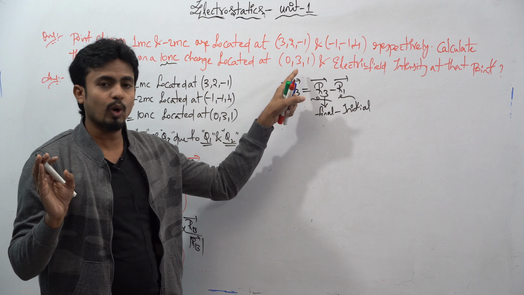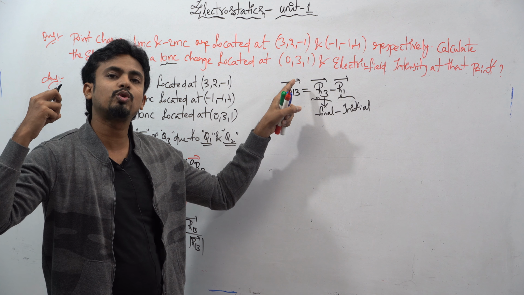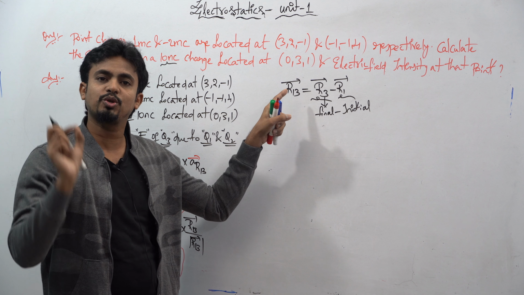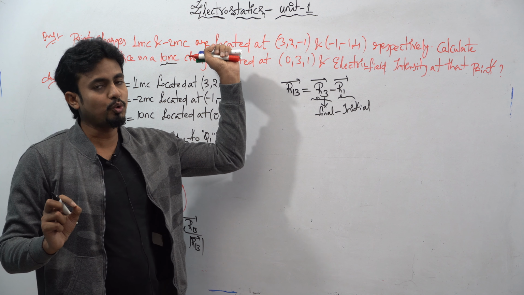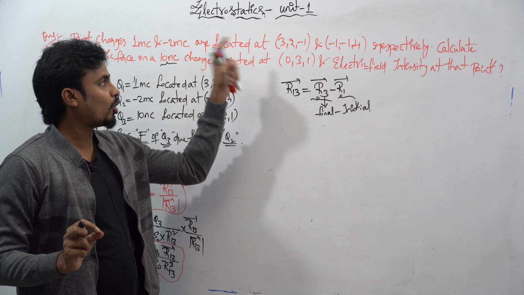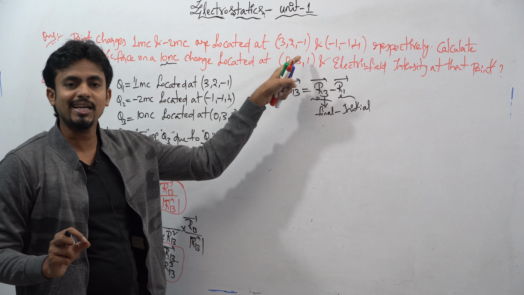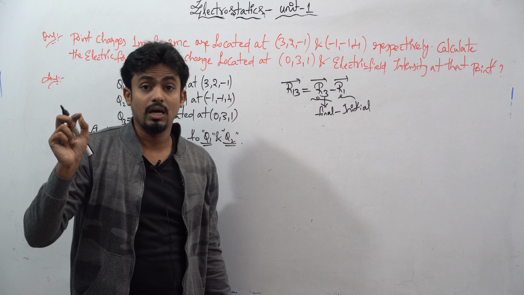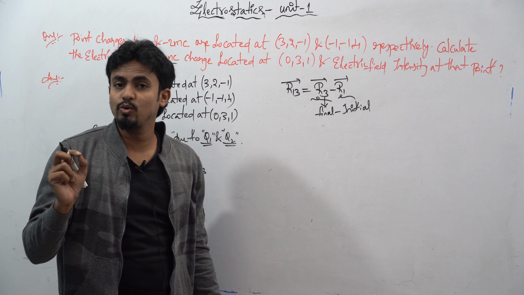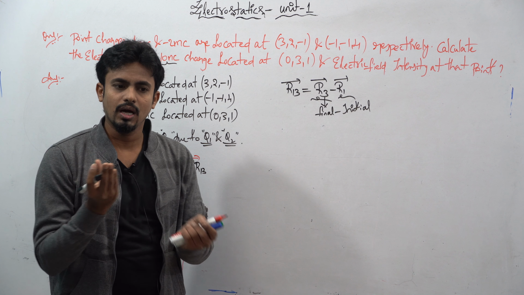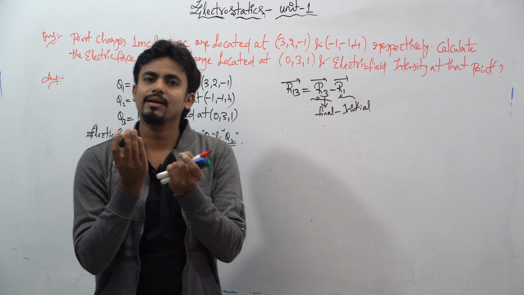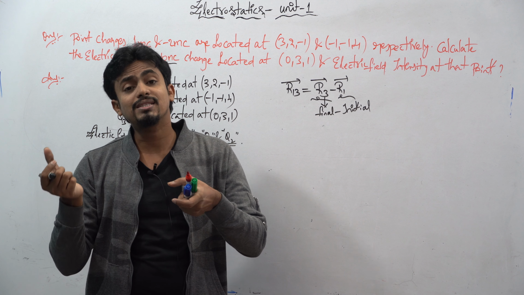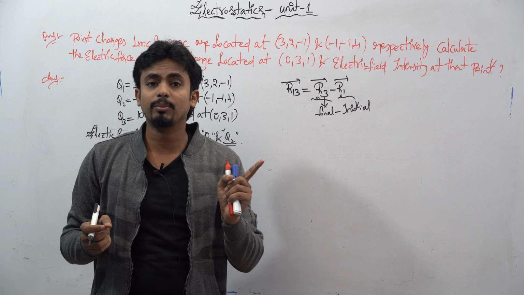And the charge applying force on Q3 due to Q1, located at 3, 2, minus 1, is my initial value. You have to consider this as the main precaution, because most of the students get confused. They put the final values in the initial place and the initial values in the final place. You can't make that type of mistake.